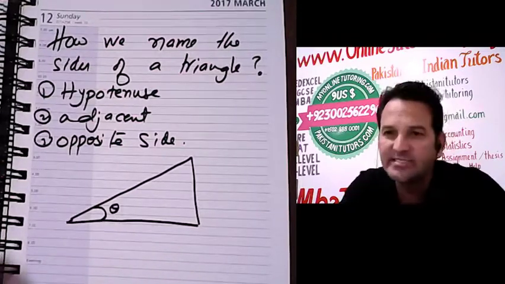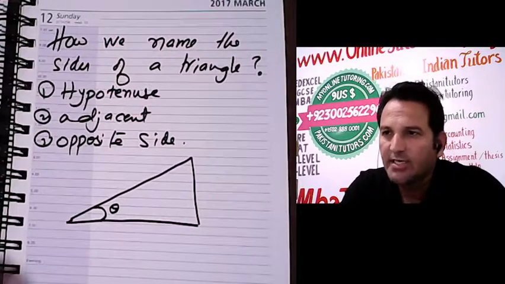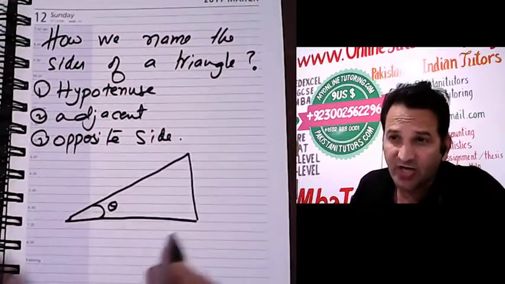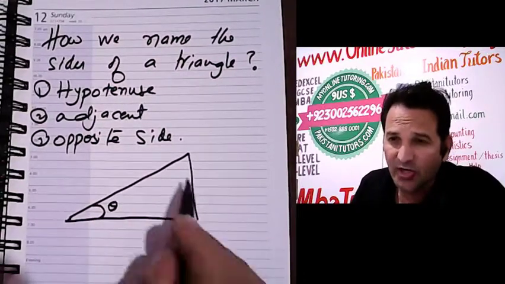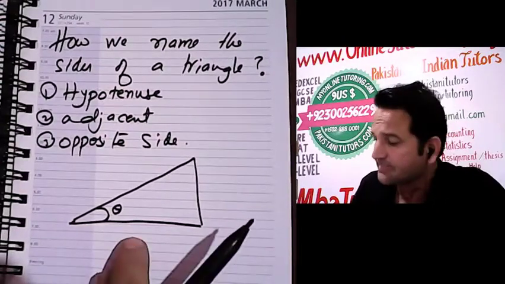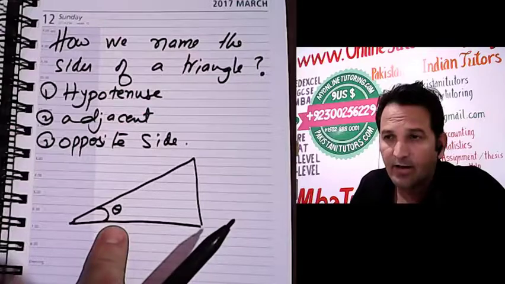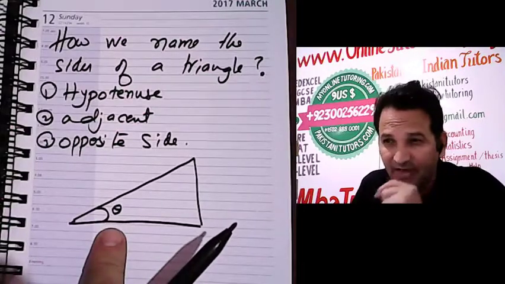This is known as theta, T-H-E-T-A. The triangle under study is this, and we are considering it from this angle.